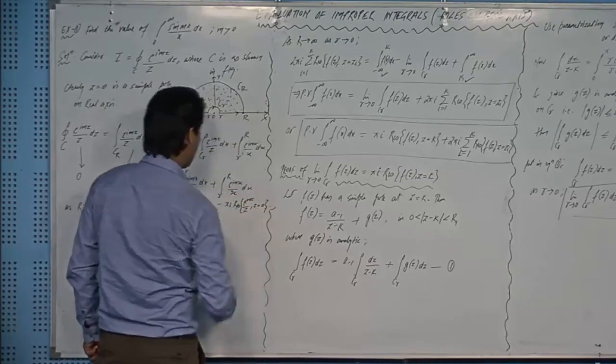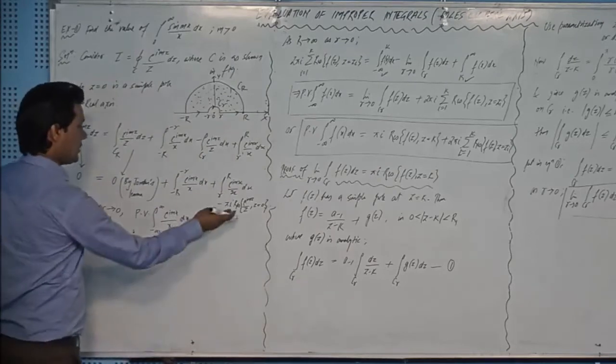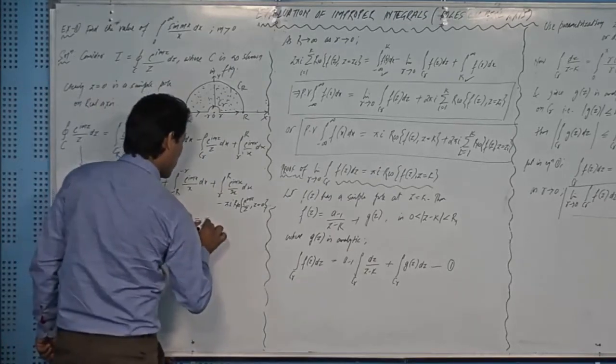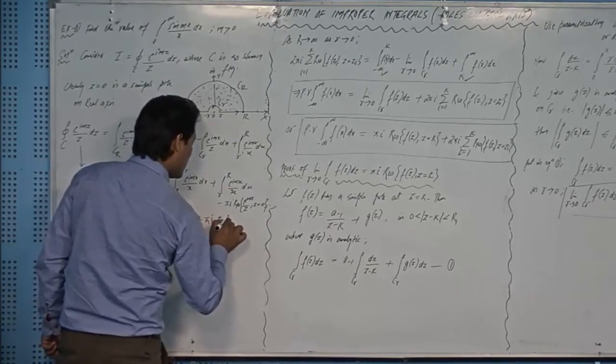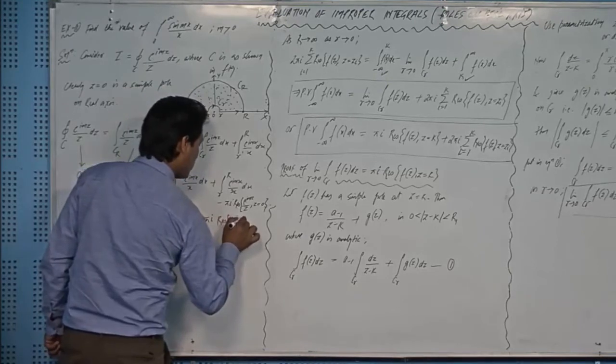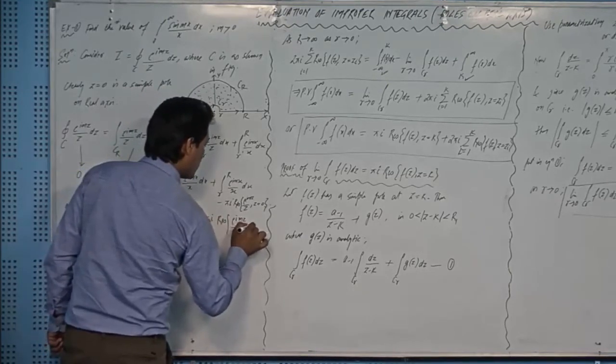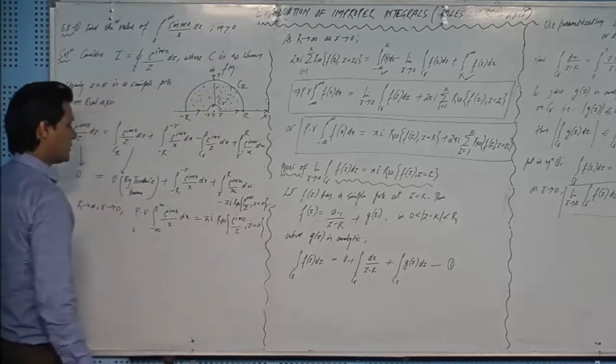I will evaluate that. So ultimately this will go to the right-hand side: pi iota multiplied by the residue of the function e to the power iota mz over z at z equal to 0.